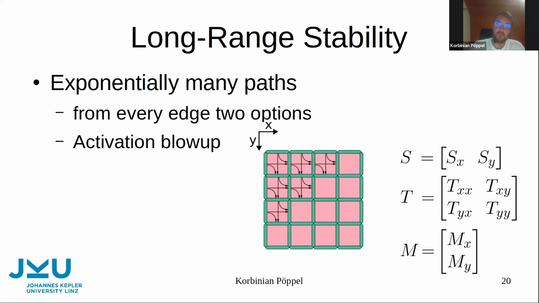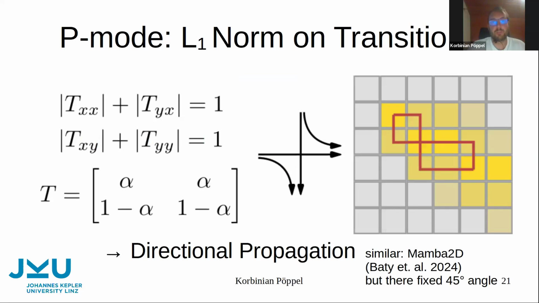And the first one is the P mode. It is the L1 norm on transitions. How can I motivate this? The P mode basically takes the edge activations at the node and then limits how they're distributed outwards of this node.